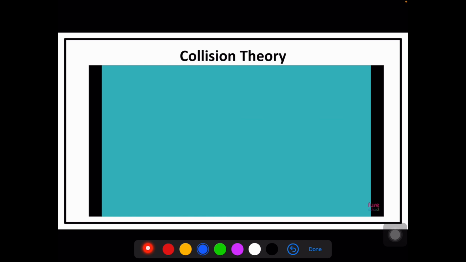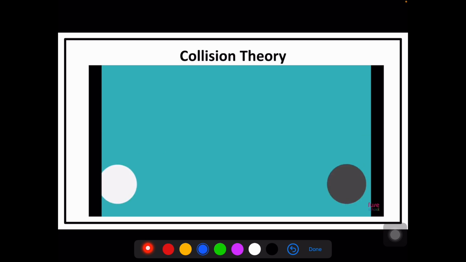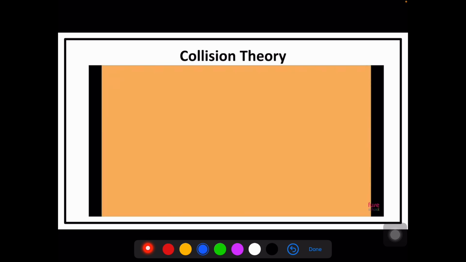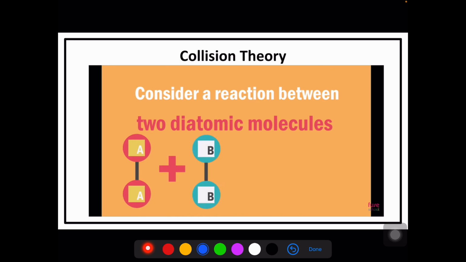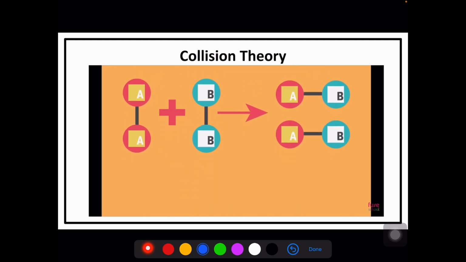In this video you are going to learn what is necessary for a reaction to take place. For a reaction to take place, the reacting particles must collide. But, just because they do collide, it doesn't mean they will react. Now consider a reaction between two diatomic molecules, AA and BB, to give two molecules of AB. This can be represented by the equation.